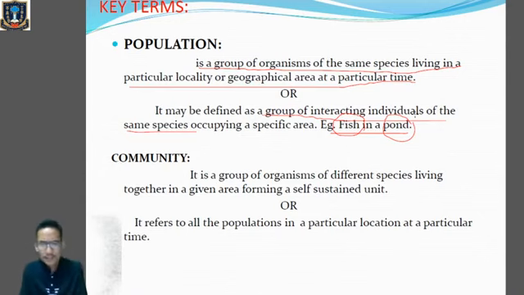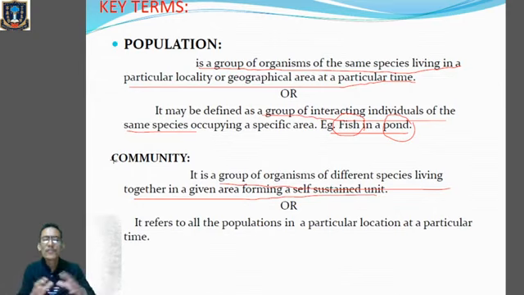Clear? And next comes the community. A group of organisms of different species living together in a given area, forming a self-sustained unit, forms the community. Population is a group of organisms belonging to the same species, whereas community is a group of organisms of different species.